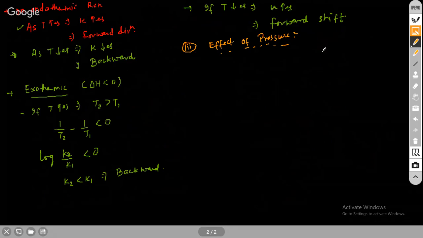In this also, there are 3 cases possible, 3 different types of reaction we have.